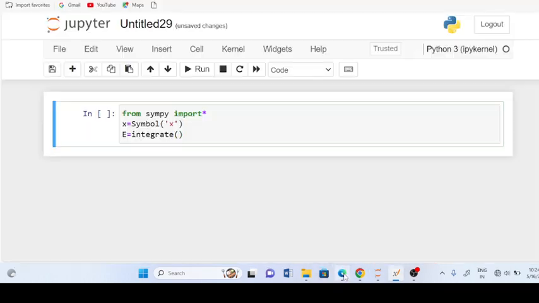So we type as it is, integrate the function: e exponential of minus x is multiplied with x power 4. Then the limit, x varies from 0 to float infinity.